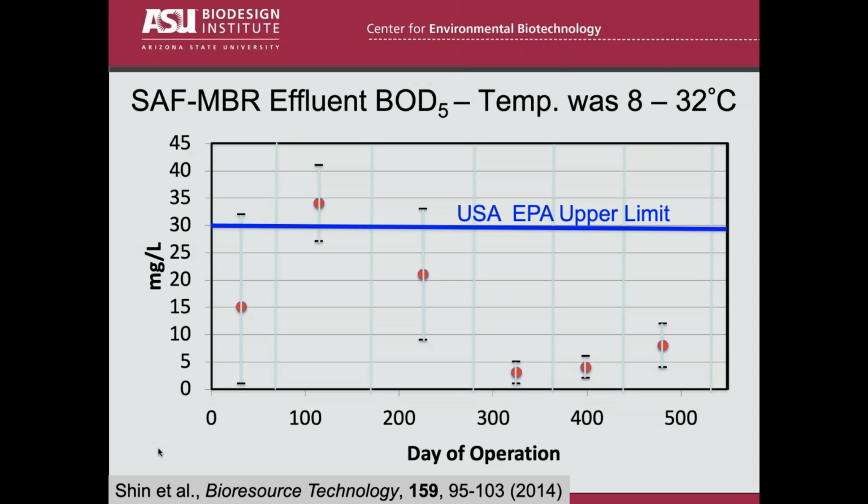And here you can see that after a little startup period, they were getting effluent BODs less than 10 milligrams per liter, often less than 5 milligrams per liter. So this was really a huge, huge success. And again, they didn't have to clean the membranes. They didn't have the fouling problems. It was very reliable, very straightforward technology in this test in Korea.